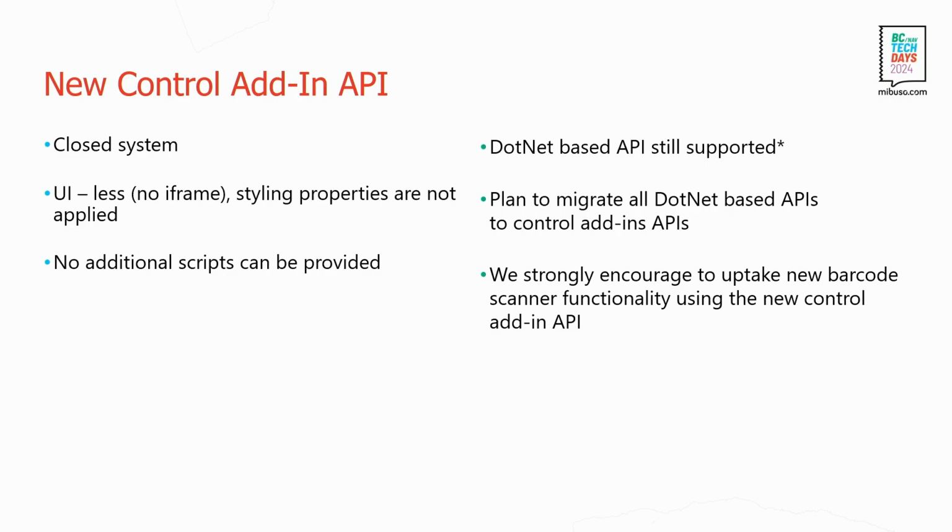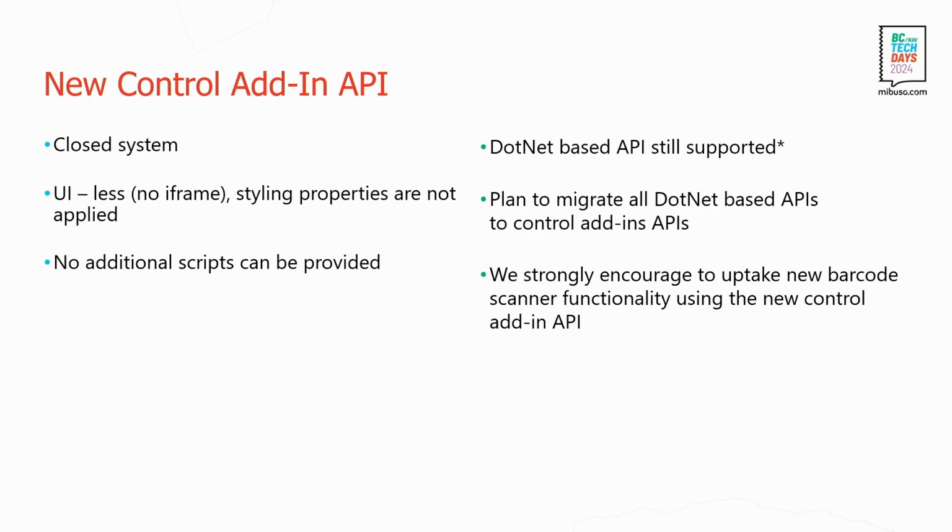However, due to some technical limitations, we are not able to make those APIs available for SaaS tenants. Therefore, in the previous release, or actually the current release, release 24, we introduced a new way of updating this functionality, and that is via a new control add-in API, as you've seen in my examples.